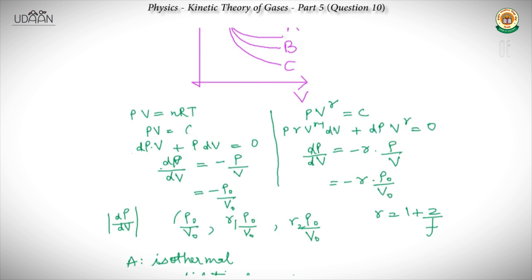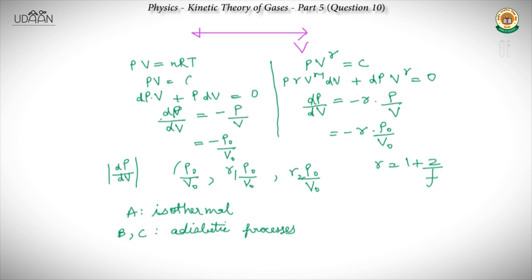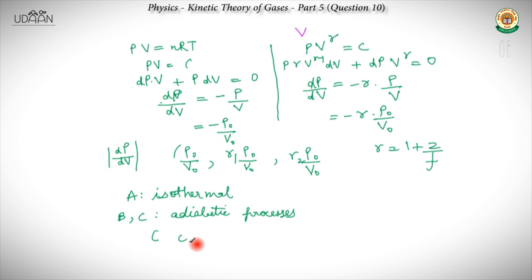And C has the maximum slope. So C corresponds to the one with gamma 1 and B with gamma 2.